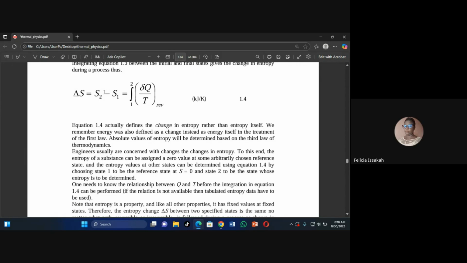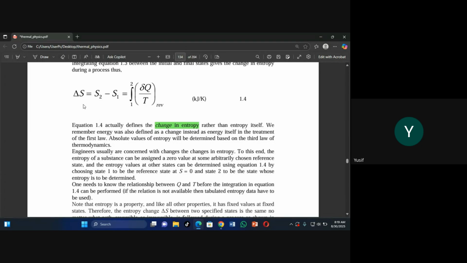Sir, please come again. I said, from equation 1.4, you realize the entropy they have here is change in entropy. They are saying it's known as change in entropy rather than entropy itself. And I'm saying, even though they say it's change in entropy, in the ideal sense it's the same as entropy.